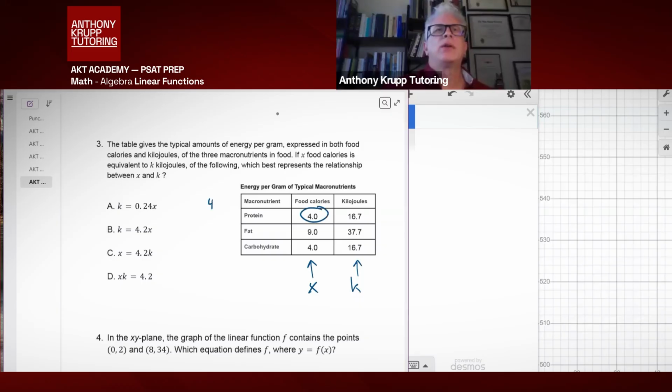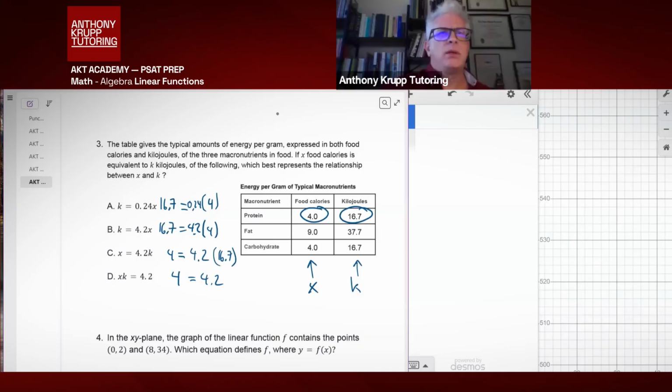So everywhere there's an X, we could put a 4. Okay, good. And everywhere there's a K, we can put a 16.7.